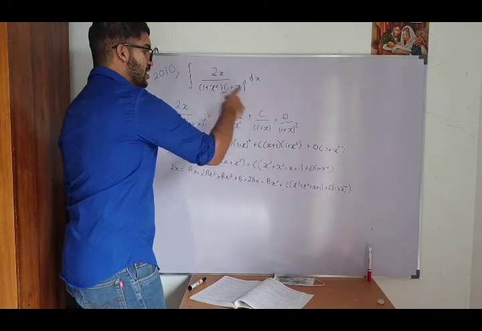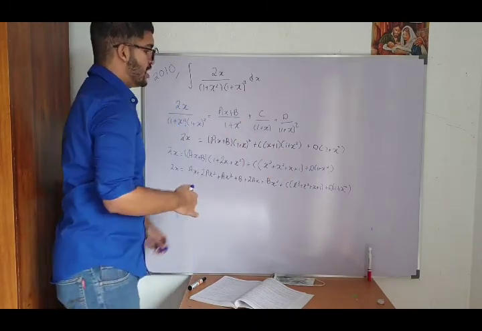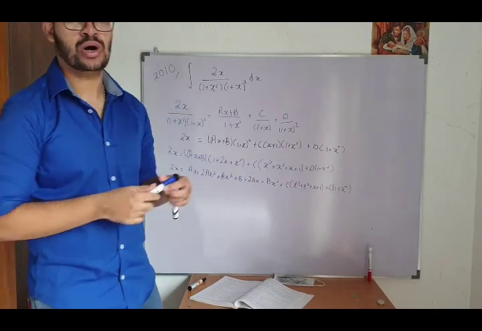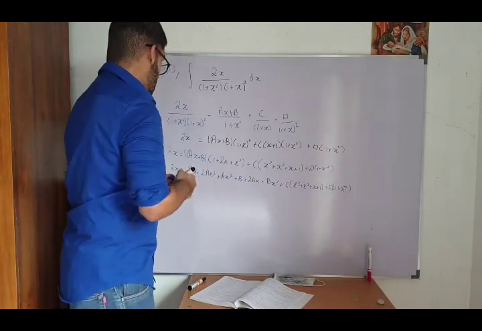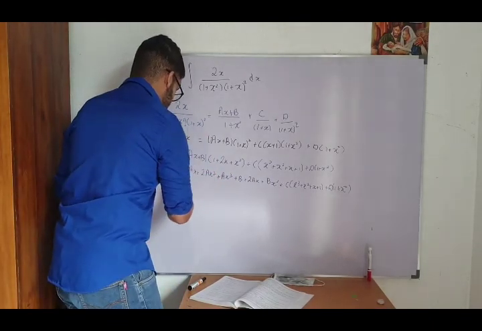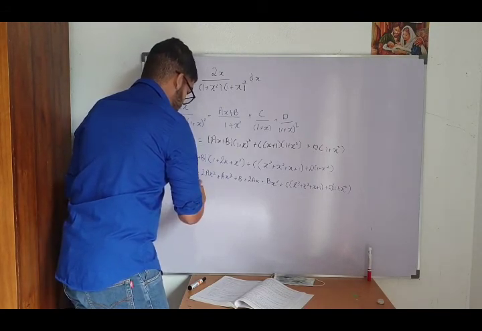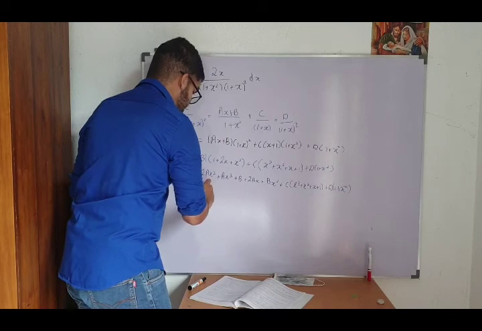Now since we have solved up to here, it's very easy for you to understand from this step onwards how to get the coefficients. So now solve this using the coefficients of x squared. First let's take x cubed.